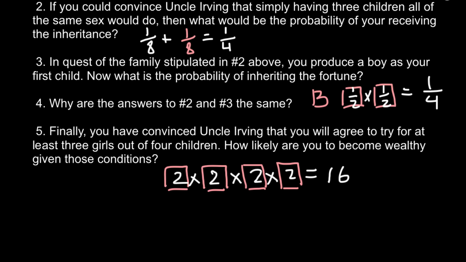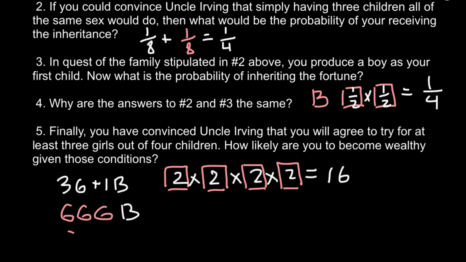And we are looking for particular combinations of 3 girls plus 1 boy. Will this give us higher chances to get this fortune in comparison with other variants? So let's check. The first variant of having 3 girls and 1 boy would be that the first 3 children would be girls and then a boy.